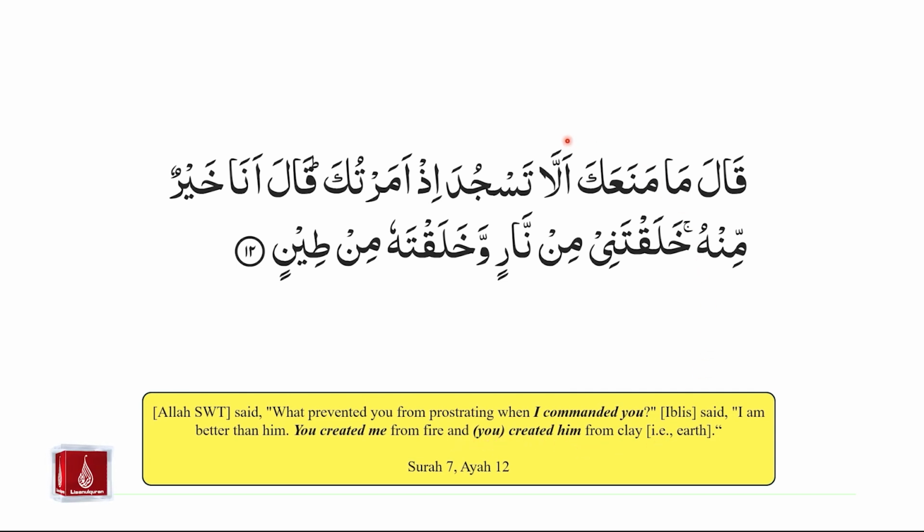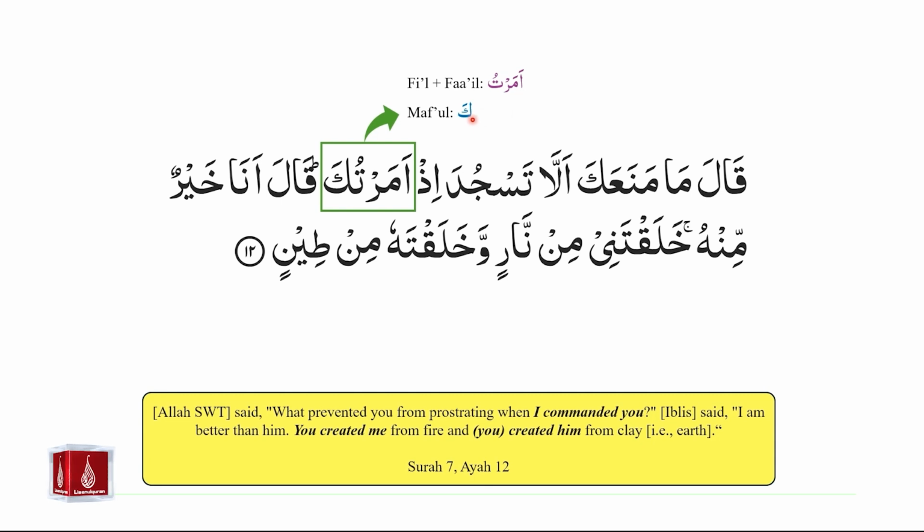If we pay attention to this ayah, we will see several examples that we have studied in this lecture. One example is amartuka. If we look at amartuka, it is the combination of amartu and ka. Amartu is the combination of fi'il and fa'il. Amartu can literally be translated to I commanded or I ordered.